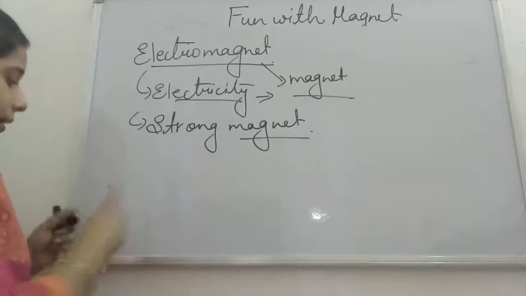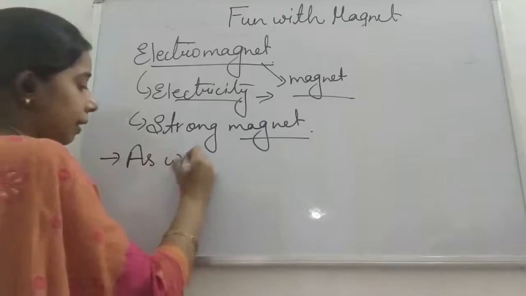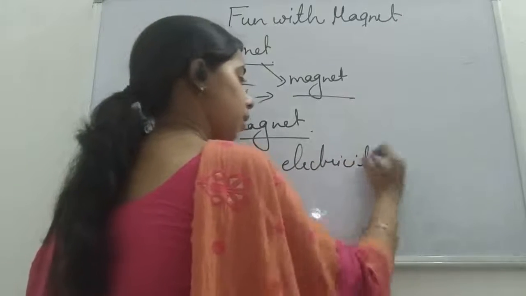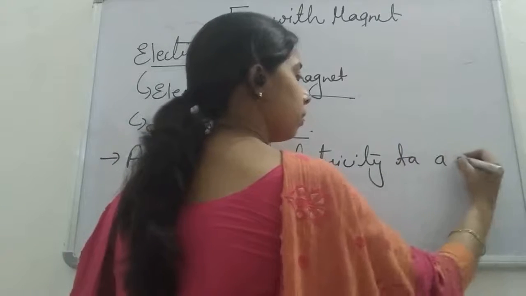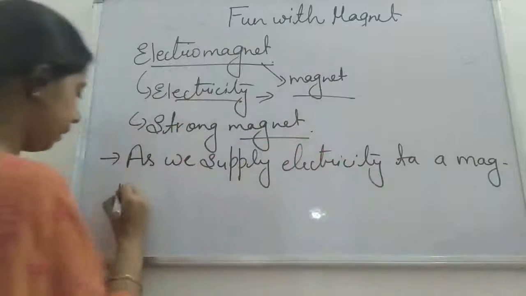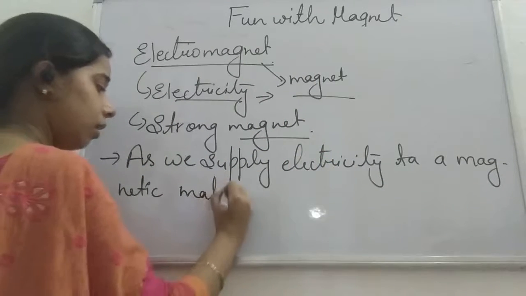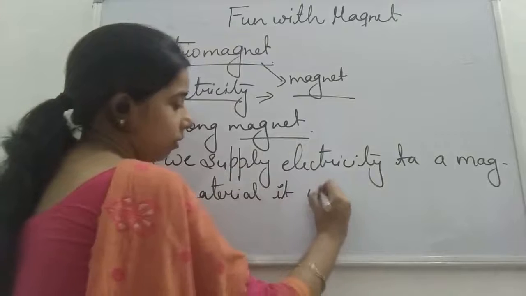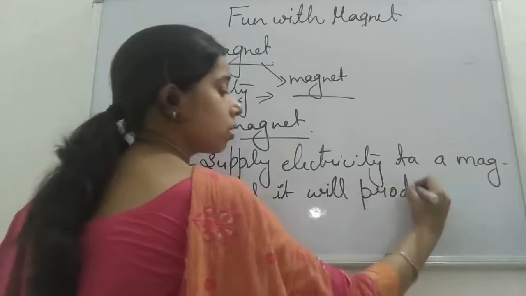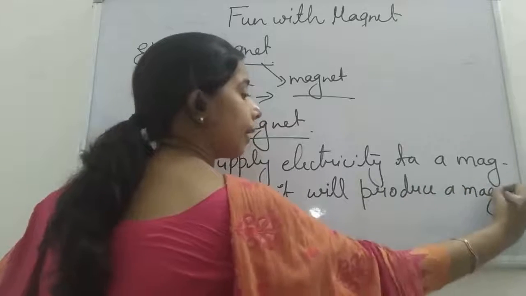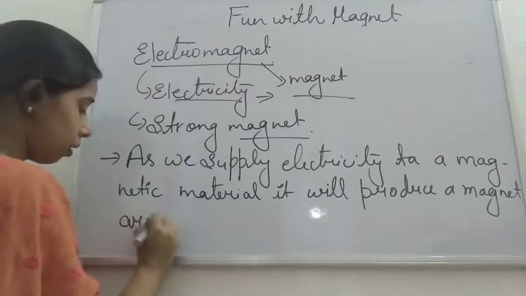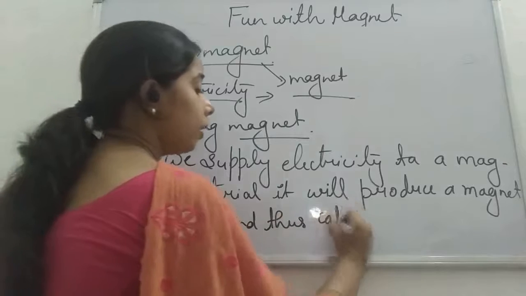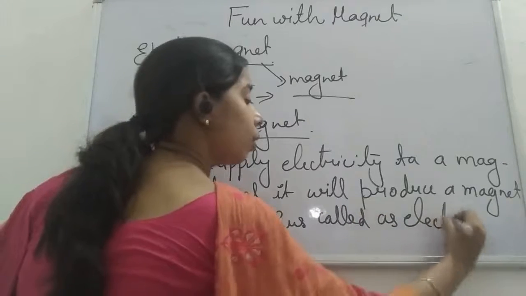So we can write that as we supply electricity to a magnetic material, it will start producing a magnet around it, and thus it is called an electromagnet.